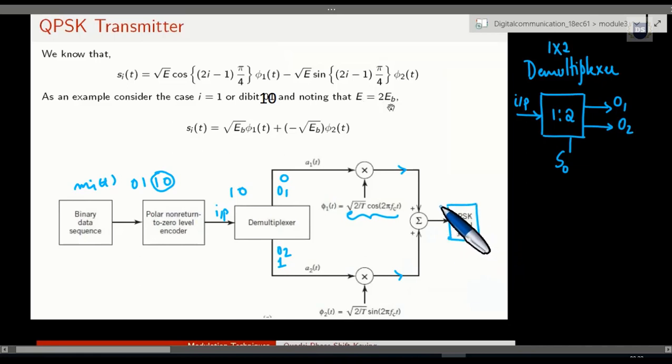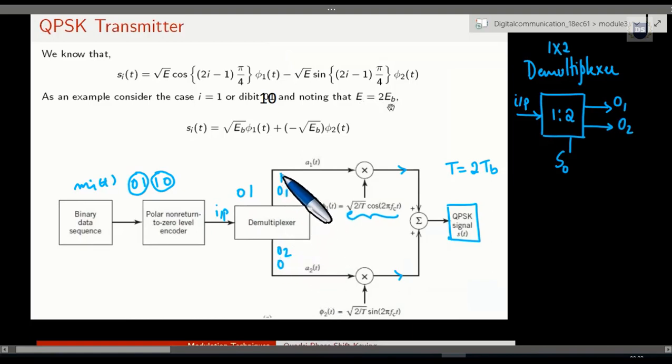So this happens for time interval T, which is in turn equal to 2 times Tb, and for our next cycle, message bits will be considered, where 1 will be assigned to output 1 and 0 will be assigned to output 2.